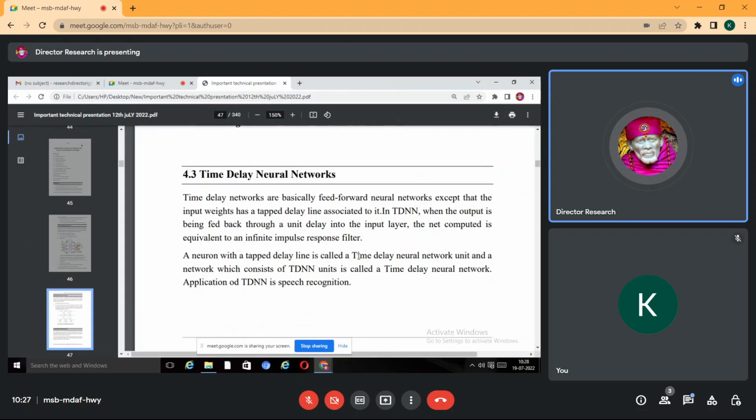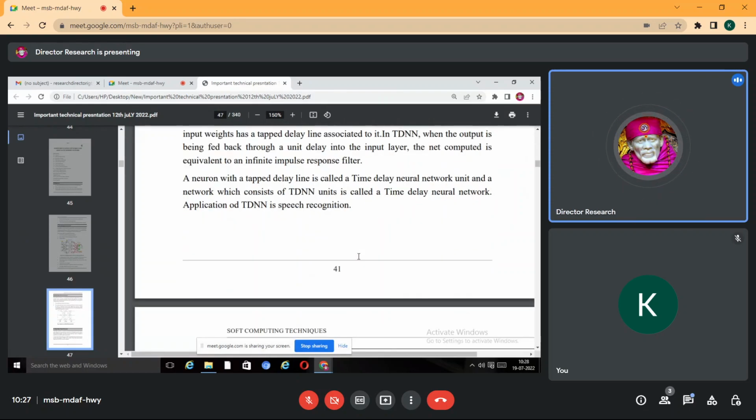A neuron with a tapped delay line is called a time delay neural network unit, and a network which consists of time delay neural network units is called a time delay neural network. An application of time delay neural networks is speech recognition.